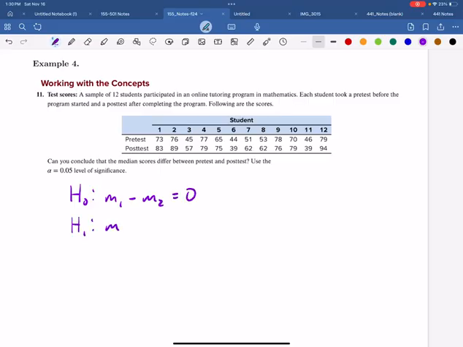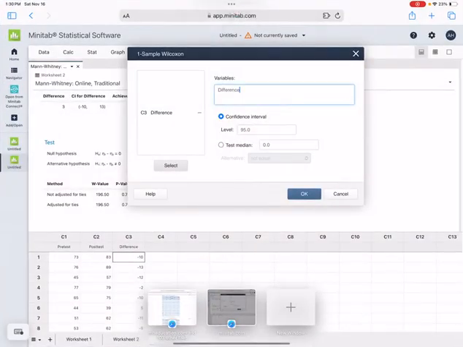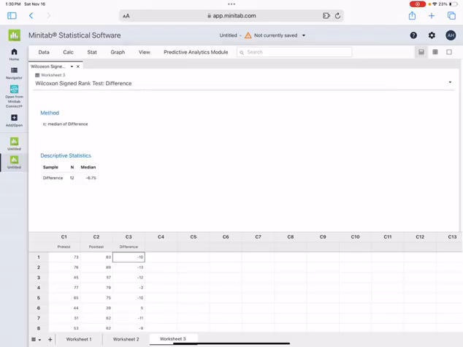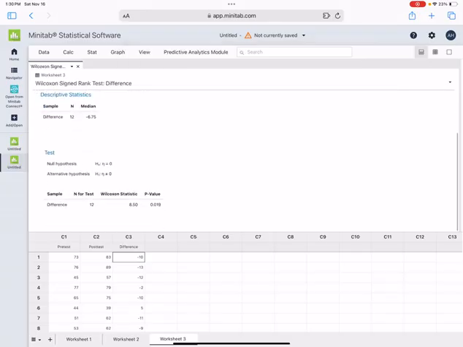Alternate hypothesis, M1 minus M2 does not equal 0. So we use Minitab. Test median, we want it to be 0. Alternative, not equal. Let's see what we get. You see how our p-value here is 0.019?